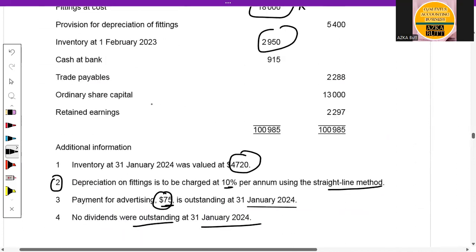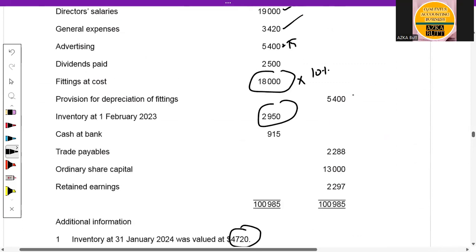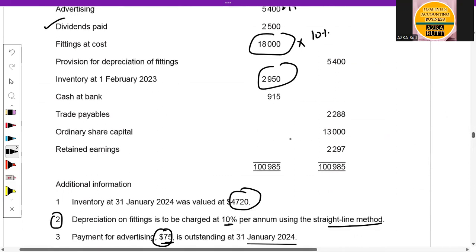We have the information related to dividend paid during the year, and we have the ordinary share capital, which is 13,000, retained earnings, which is 22970. So this is the opening year's retained earnings.